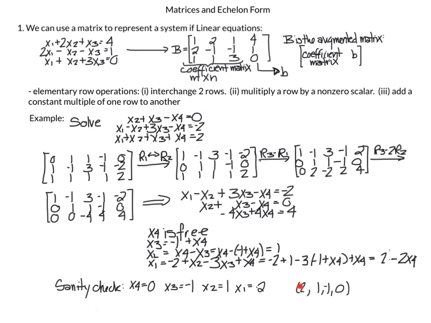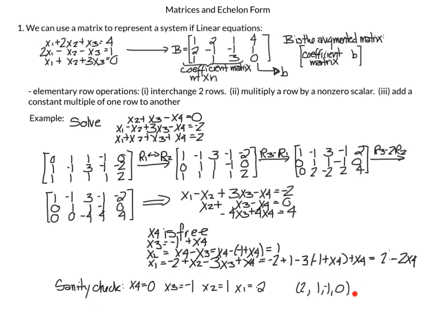My next equation, I have 2 minus 1, which is 1, plus 3 times negative 1, so that's negative 3, so that's negative 2, minus 0 is equal to negative 2. And then I have my 2, my 1, that's 3, minus 1, we're back to 2, plus 0 is equal to 2.